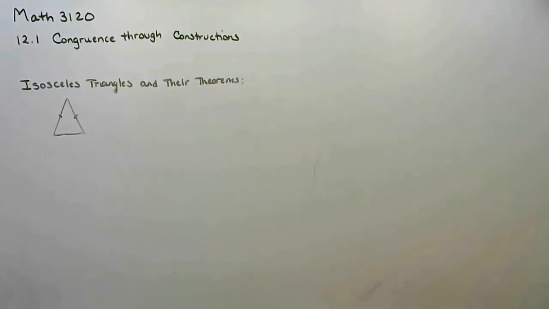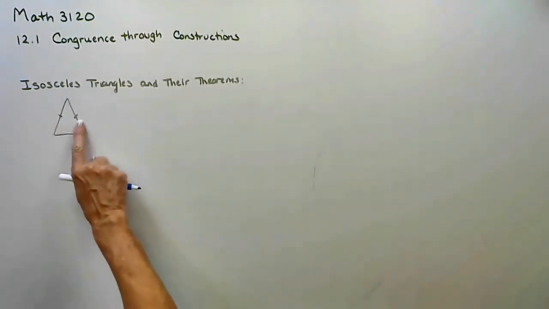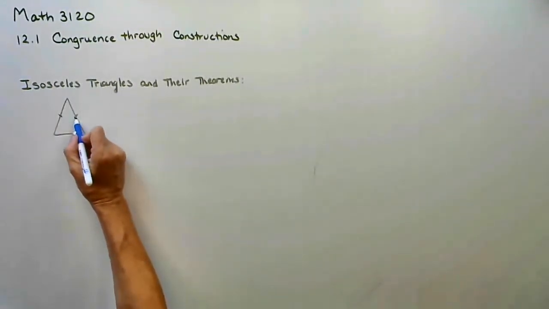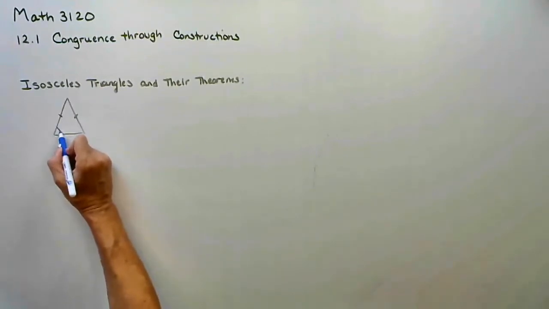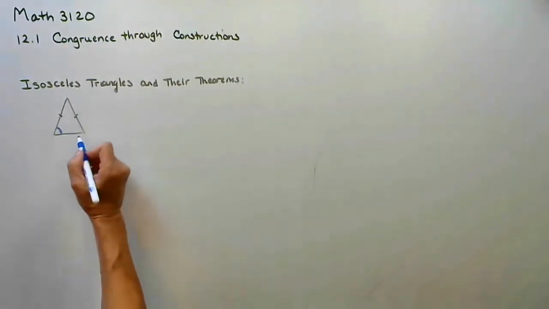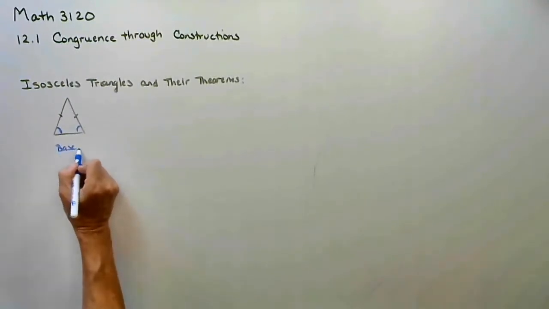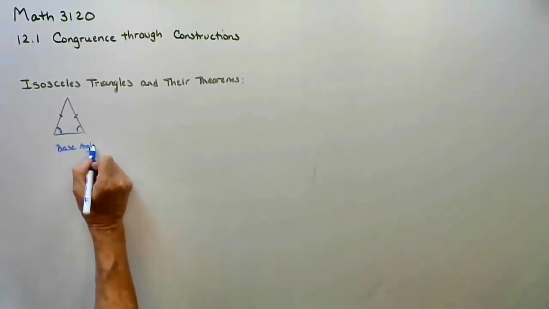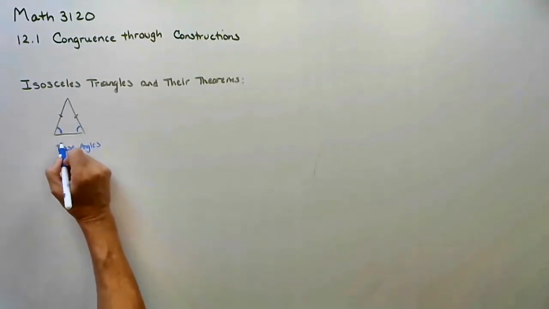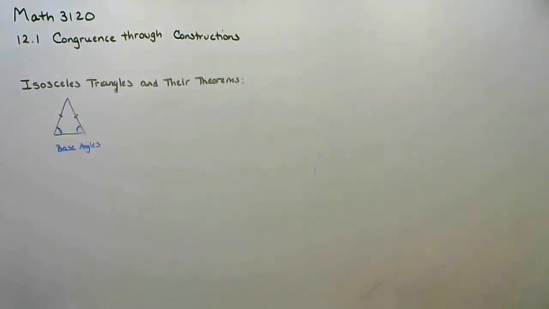Now, if these two sides are congruent, the angles that created the side are called base angles. Okay, so those are the base angles.